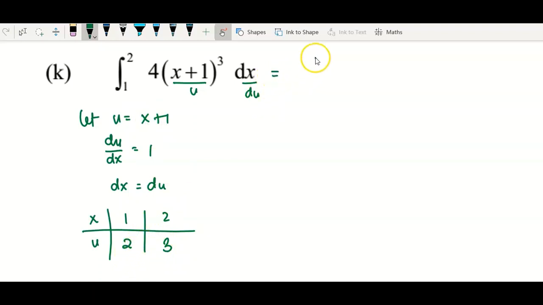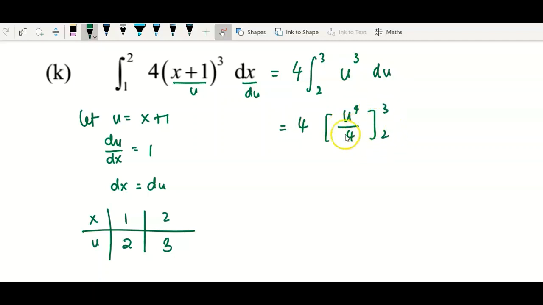So this question becomes like this. Substitute the new limits, and the 4 you can always put outside, no problem. Then x + 1 is replaced by u to the power of 3, and the differential will be du. Now we can start to integrate. I have u to the power of 4 over 4.